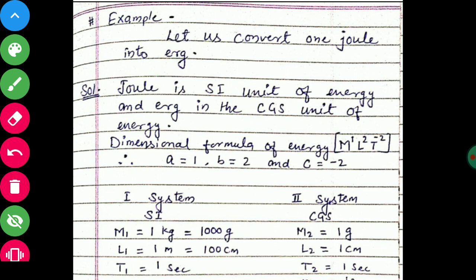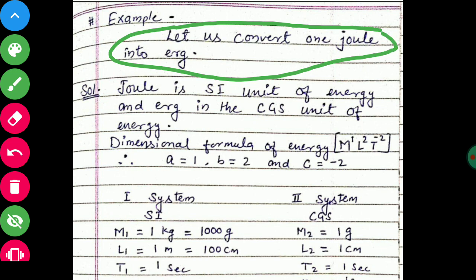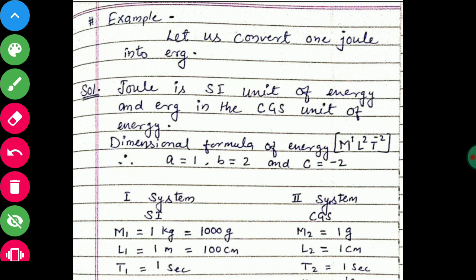So here, joule and erg belong to different systems of units. Now one physical quantity is there, which is energy. I'll show you step by step how to solve this question.